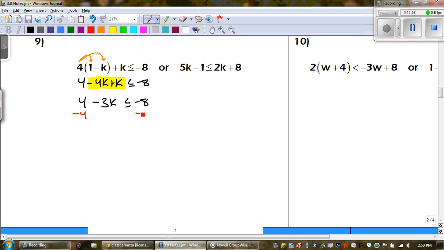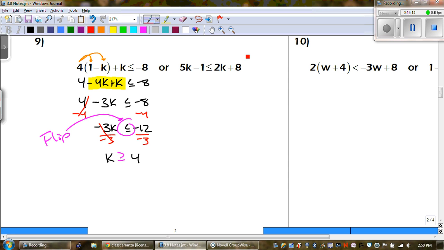Okay, we have to subtract 4 from both sides. We get -3k is less than or equal to -12. And then what do we have to divide by? Okay, when you divide by a negative, we have to flip.